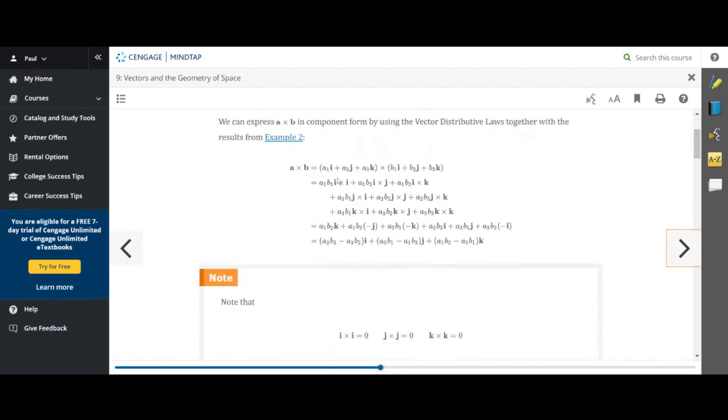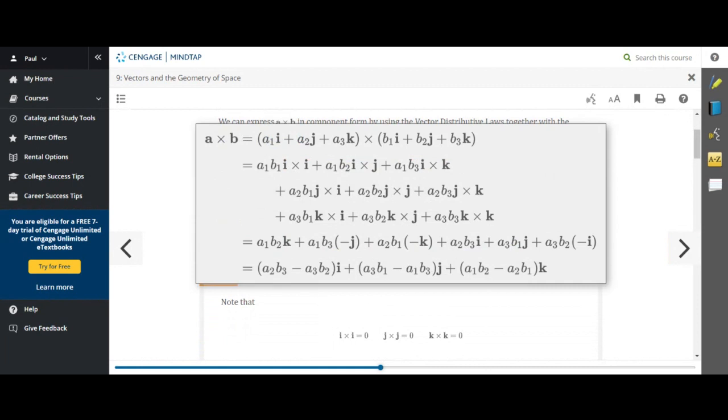They derive it by taking the cross product of A and B, and using those properties on the previous page, they come up with a formula for the cross product vector in terms of the components.